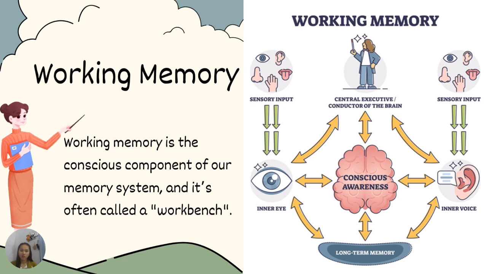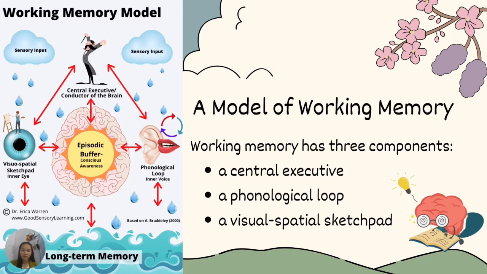And we are not aware of the contents of either sensory memory or long-term memory for processing. On the other hand, working memory has three components, such as a central executive, a phonological loop, and a visuospatial sketchpad that work together to process information.